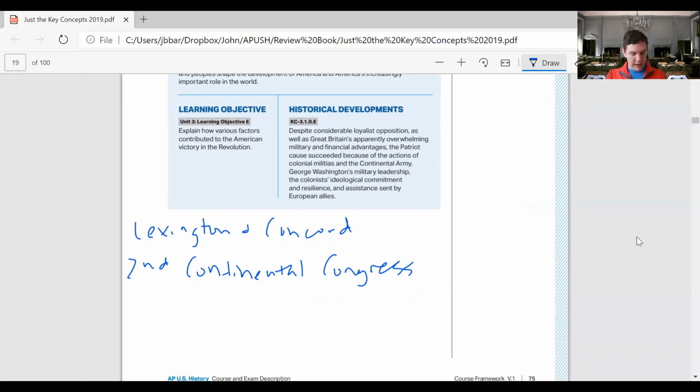In fact, they're still talking about how they can gain peace and gain their rights as Englishmen again. It's not till the year 1776, when we have both Common Sense, that pamphlet we talked about earlier, and eventually more conflict between the British and Massachusetts militia, that we eventually lead to the Declaration of Independence.